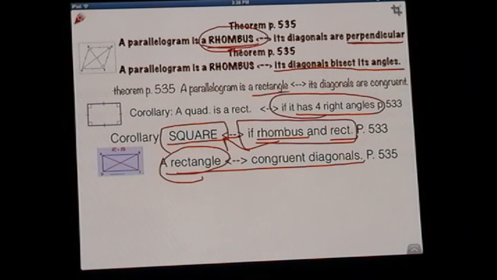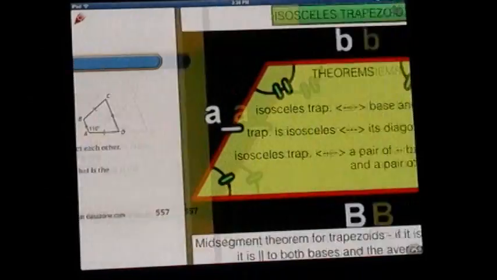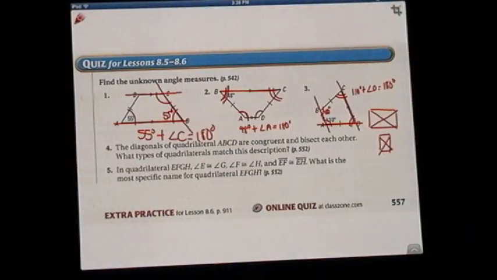A rectangle has congruent diagonals. And since a square is a rectangle, it has to have congruent diagonals as well. This is why geometry is so much about reasoning. Okay, so a rectangle and a square.